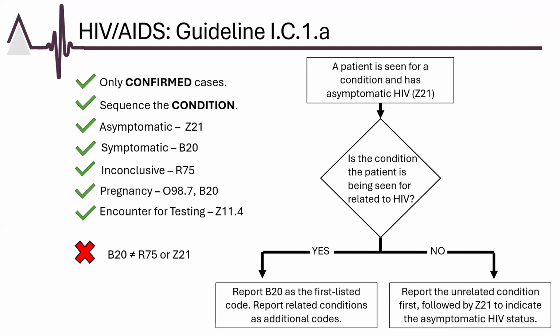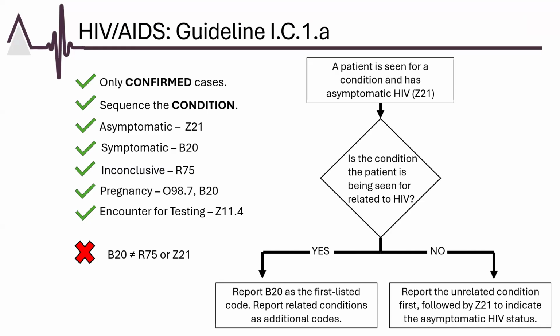This means there must be documentation from a healthcare provider stating that the patient has been diagnosed with HIV or AIDS. In this context, confirmation does not require documentation of positive serology or culture for HIV. The provider's diagnostic statement that the patient is HIV positive or has an HIV-related illness is sufficient.